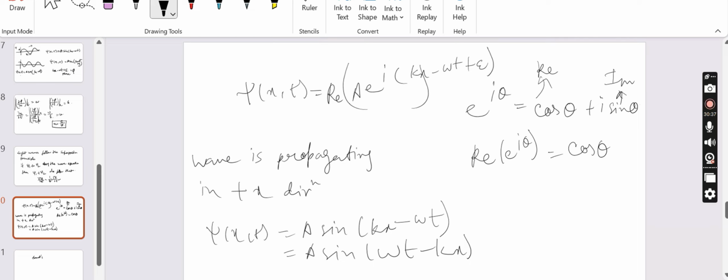But if the wave is propagating in the negative x direction, then it would be sine of omega t plus kx.